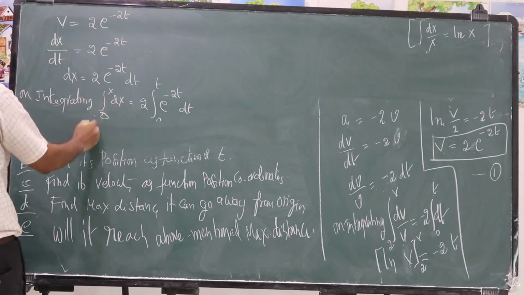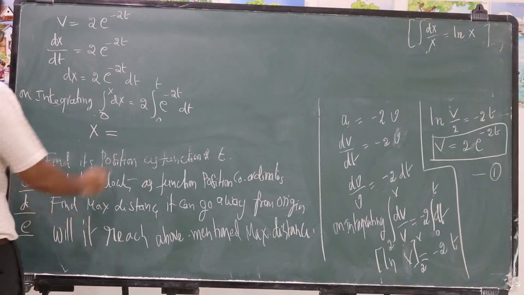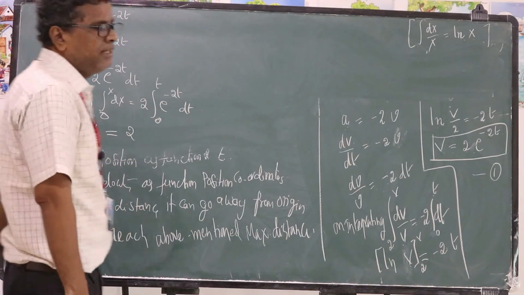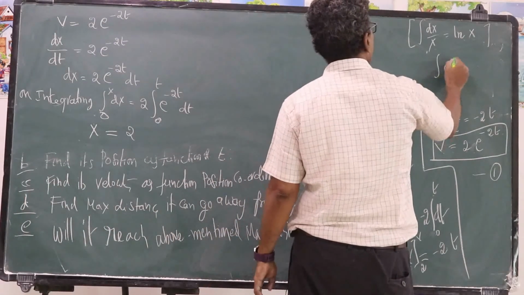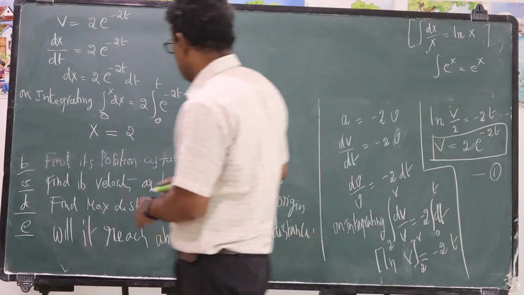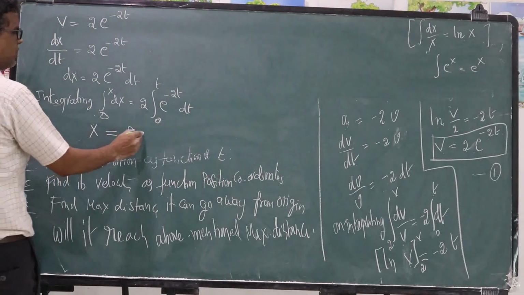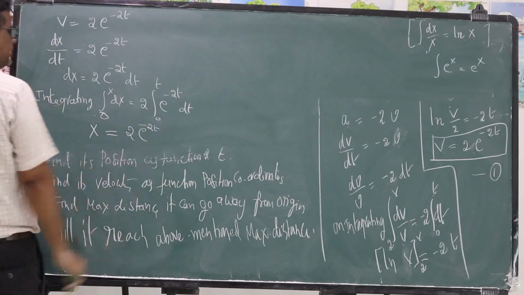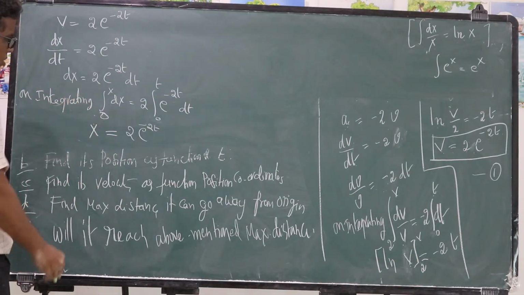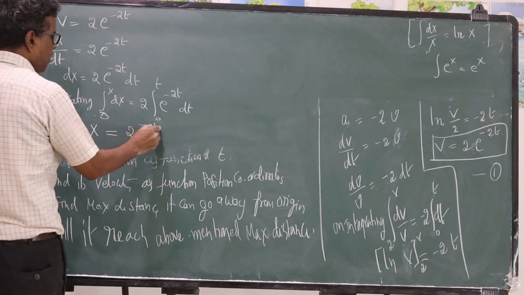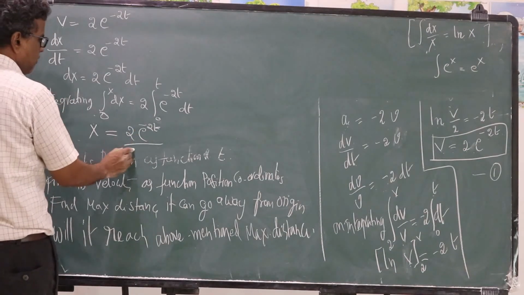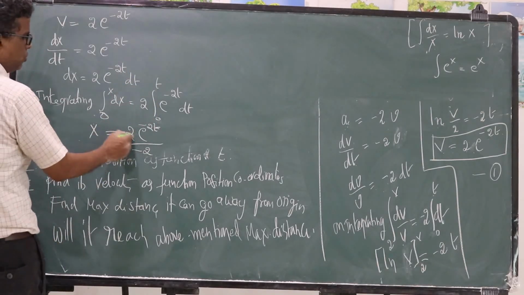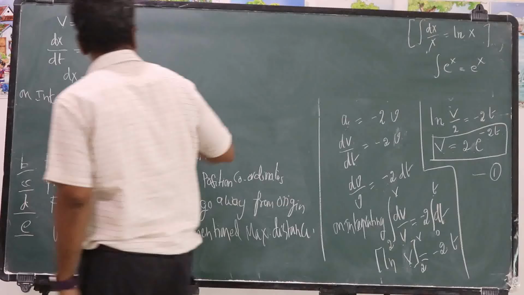Substitute the limits, x minus 0 is x, equal to 2 times the integral of e to the power, which is e to the power minus 2t written as it is. After integration, you differentiate the exponent and write it in the denominator, that is minus 2. T with respect to t you will get 1. So this 2 gets cancelled.